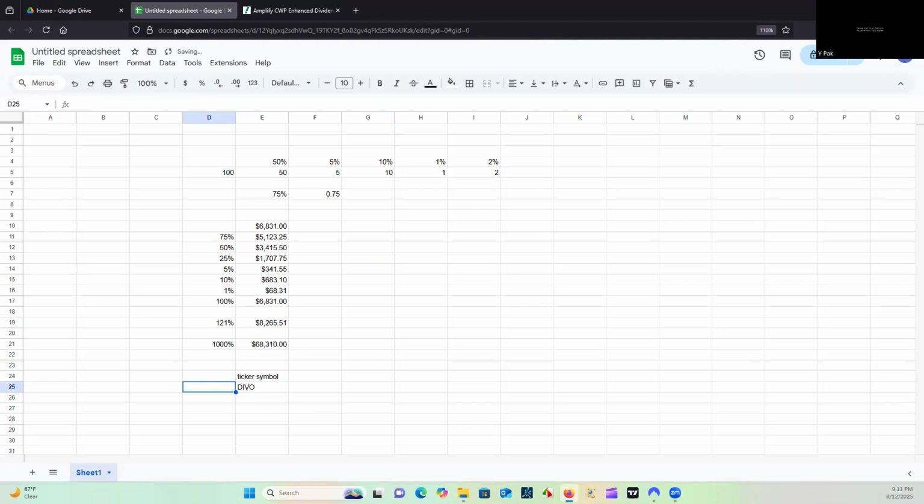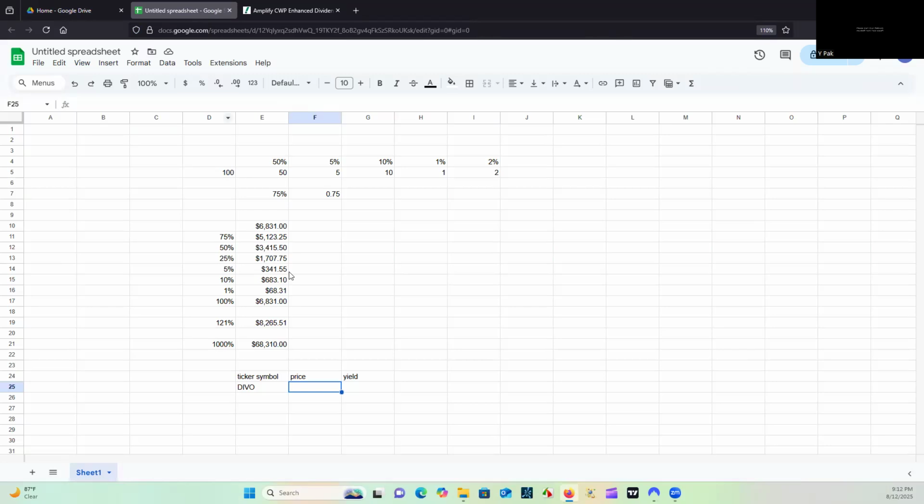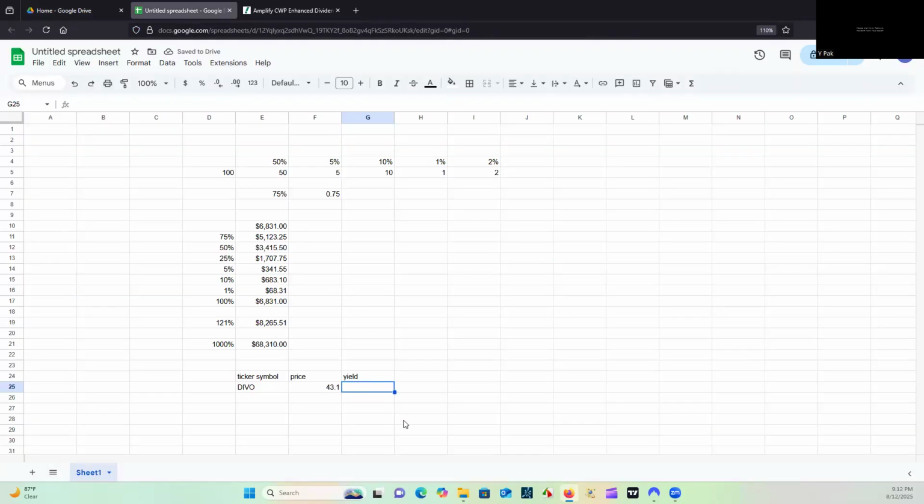This is an exchange traded fund, and then it pays a yield. Let's look at the price of the stock first, and then we'll look at the yield. All right. So price is 43.10, it tells you right there. So put that in here. And the yield was, say, 4.66%.